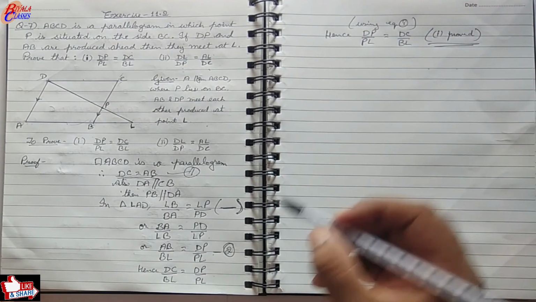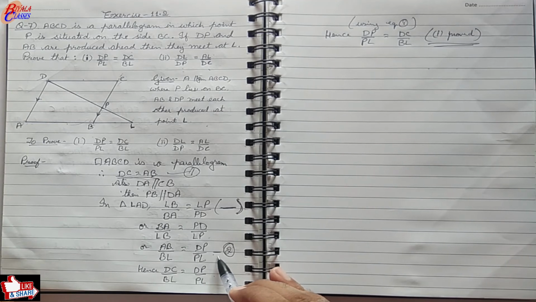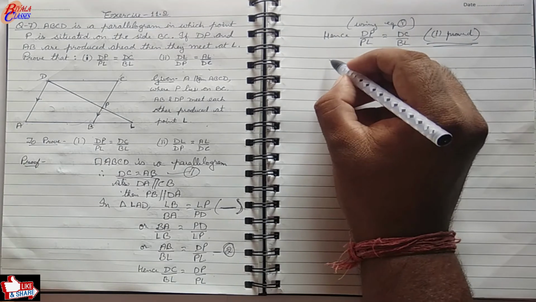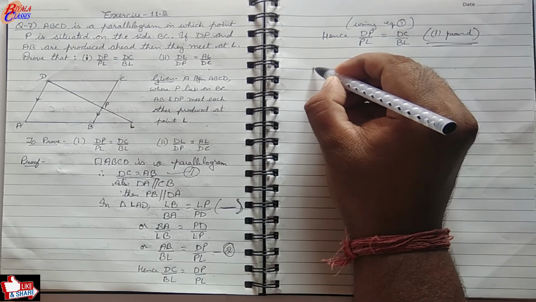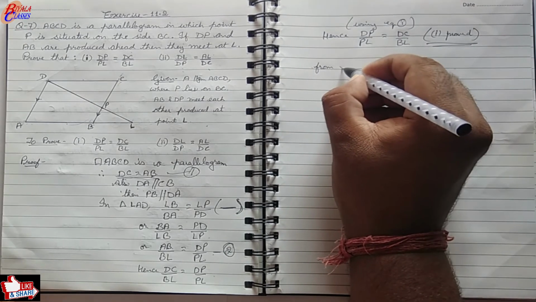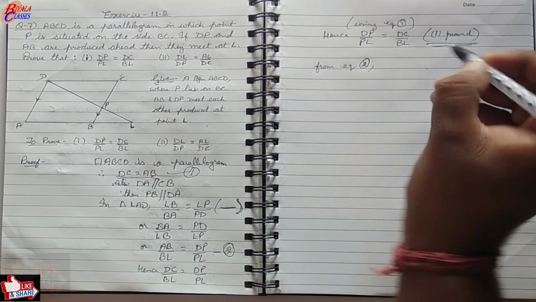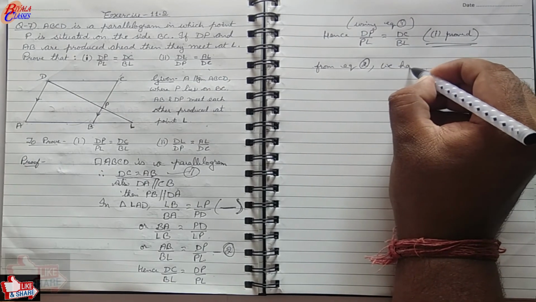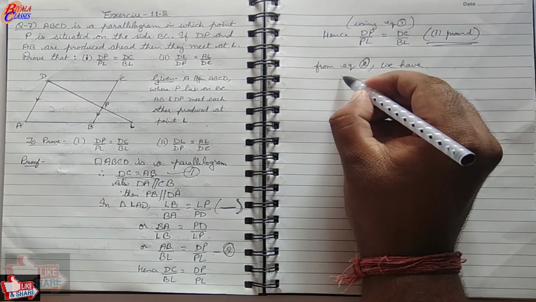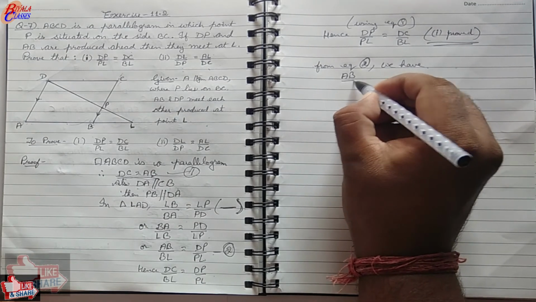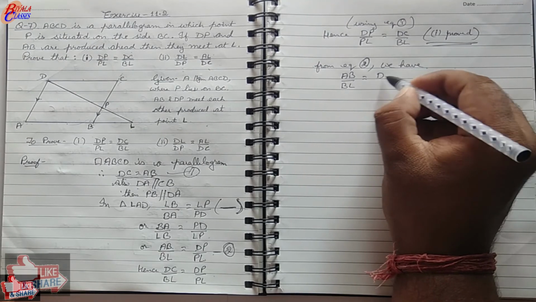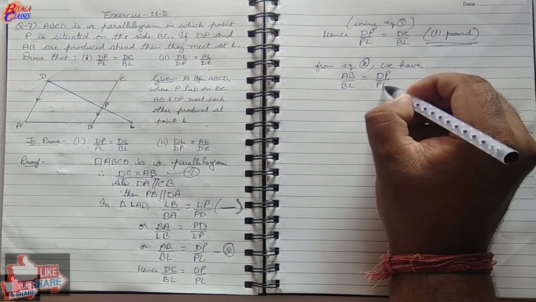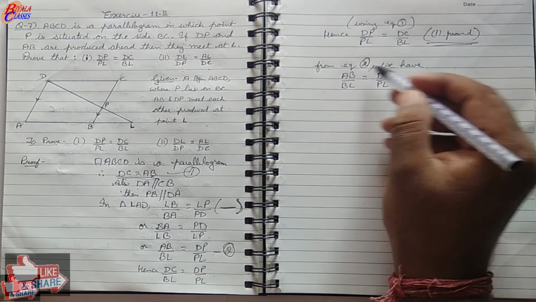Now let's move to the second part. For the second part, let us have this equation 2, and from here we are going to carry on. So from equation 2, we have here that AB upon BL is equal to DP upon PL.